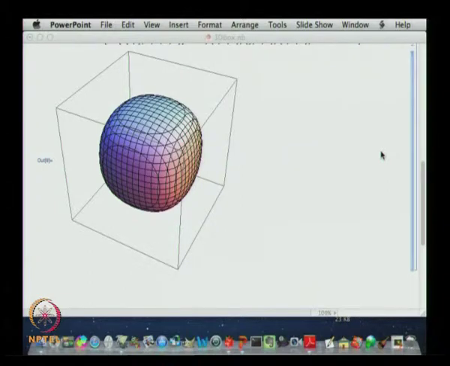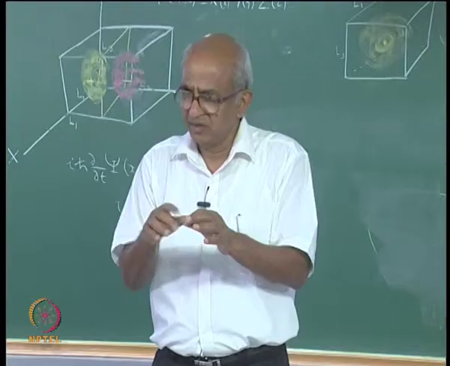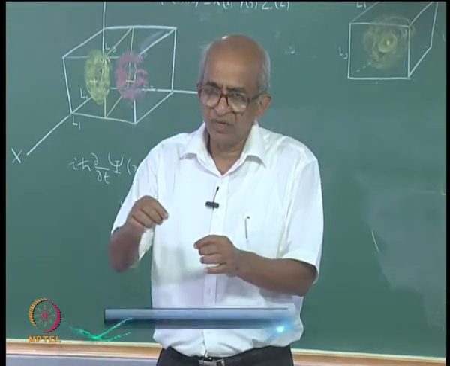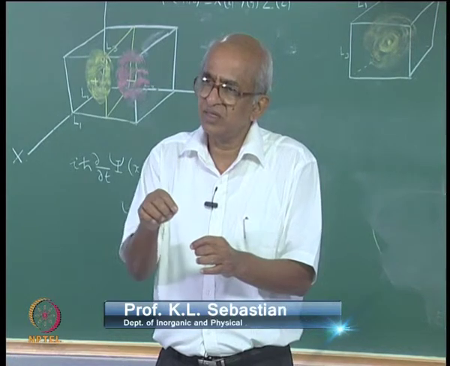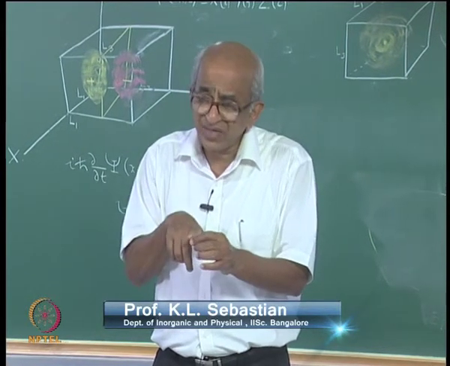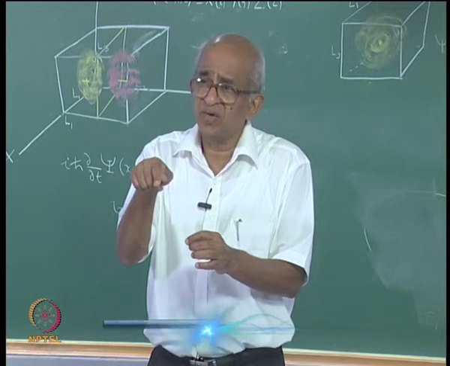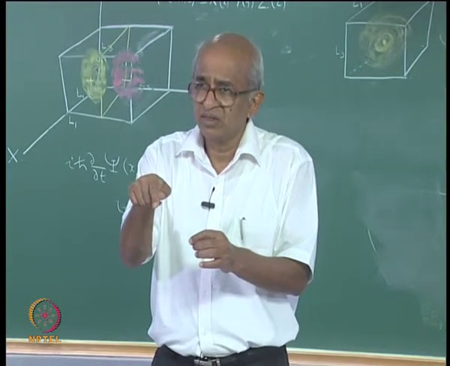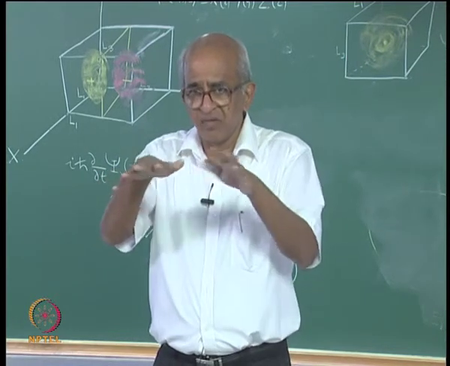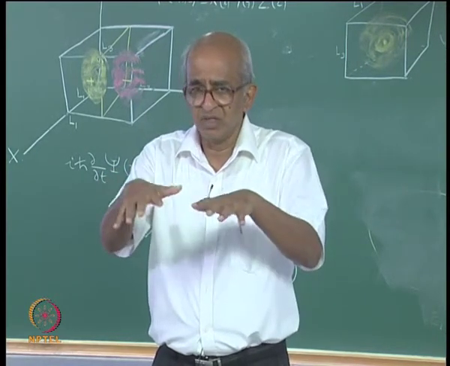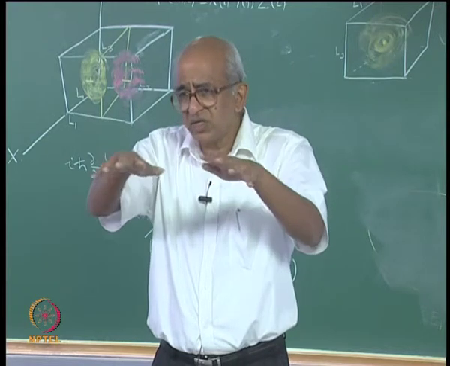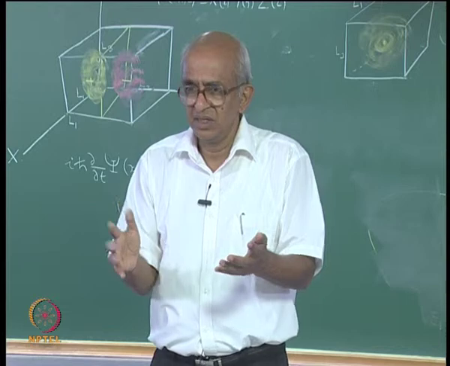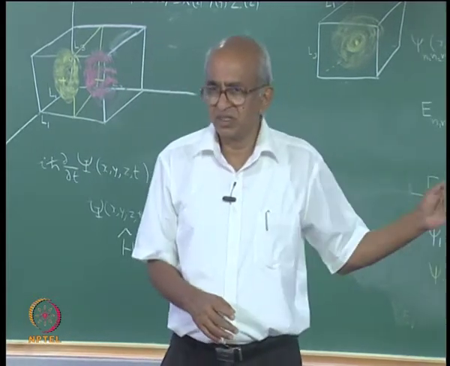At the center, let us say it has a value of 1, just to illustrate. Then as I go away in each direction, its value will decrease. There will be a particular point in that direction at which the value will be equal to 0.5. In each direction you will have a point where the value is equal to 0.5. You can join together all these points to get a surface, and that is a surface that is plotted in this figure.